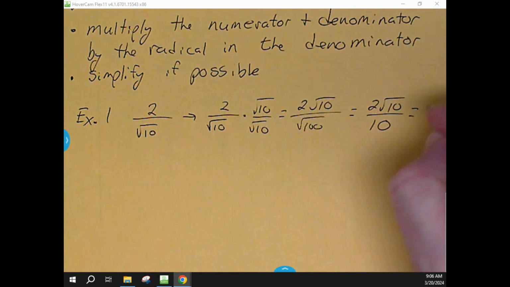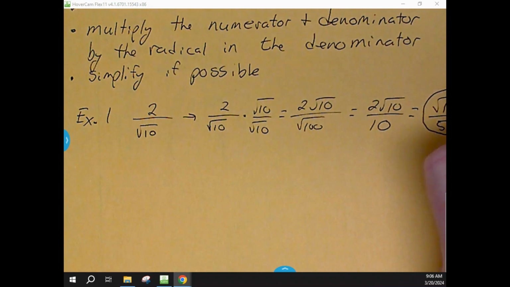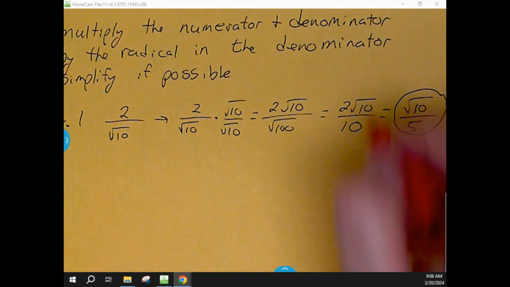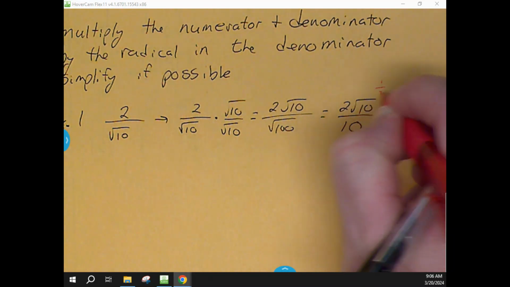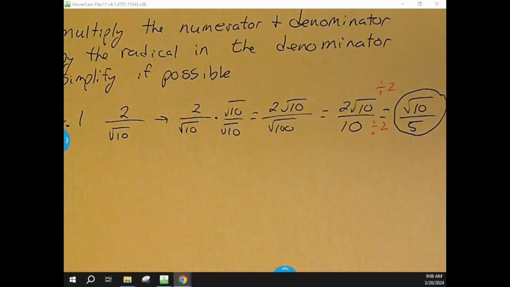So you can make that 1 square root of 10 over 5, or just square root of 10 over 5. Okay. So those are the steps to go through if you're going to rationalize the denominator.